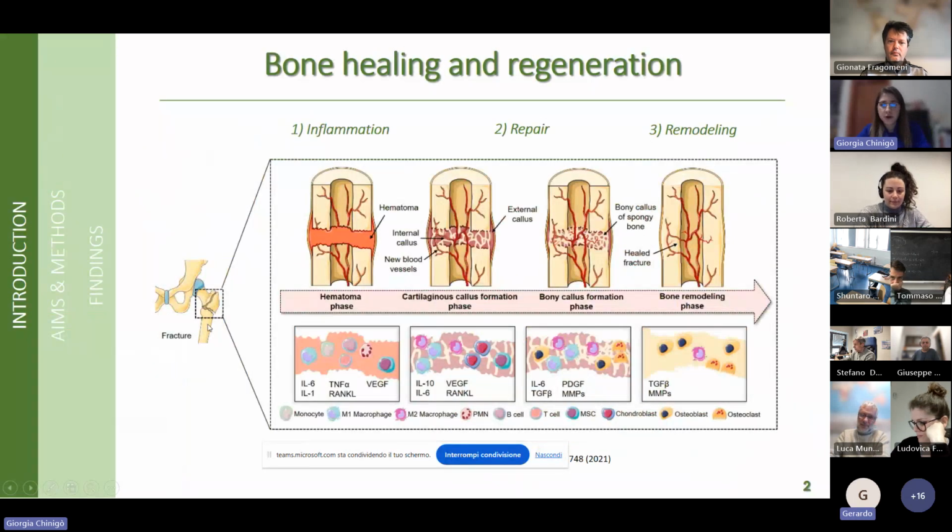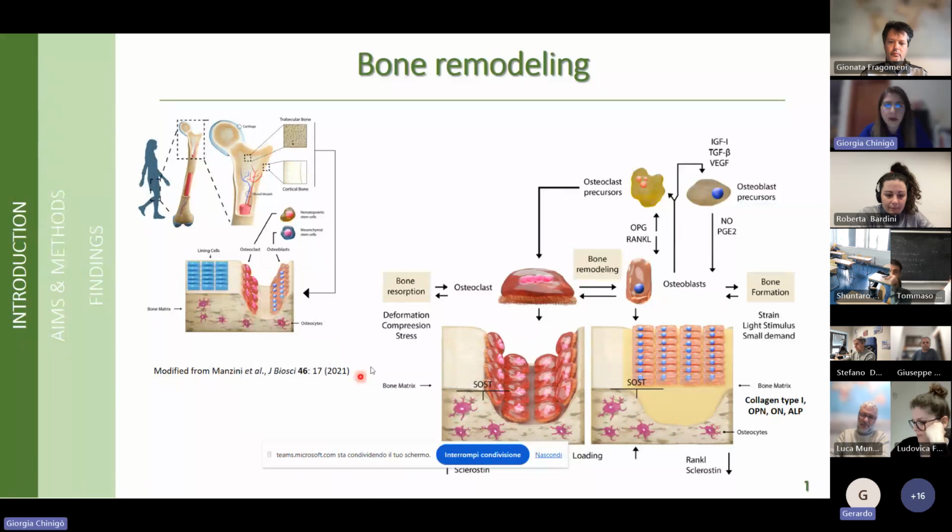Its functionality mainly relies on the activity of three different cell types that are, on one hand, osteoblasts, that are responsible for bone formation through the deposition of unmineralized extracellular matrix rich in collagen and proteoglycan, so collagen type 1, osteopontin, osteonectin, for instance, as well as enzymes that are associated with the mineralization of the matrix, like the alkaline phosphatase.